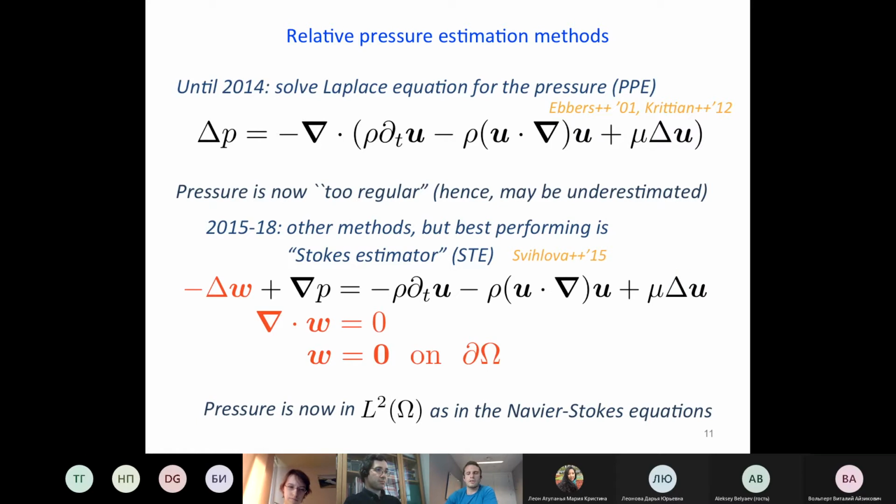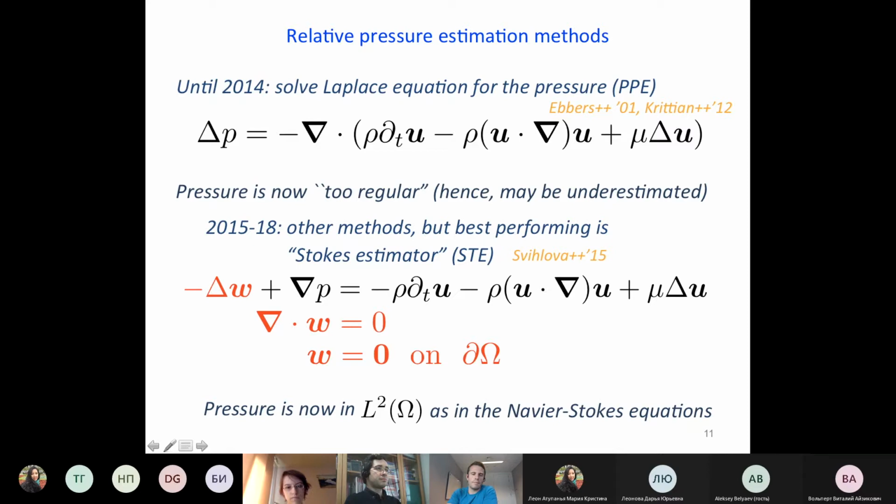But then I want to point to this method that is called the Stokes estimator, which is based on some other paper from the 80s. The people from Prague, from the Charles University, Jaroslav Hron, Josef Málek, and PhD students, just took that idea and applied it to estimate pressure. You take the Navier-Stokes equation in black here as it is, and you just add an additional term which you expect to be small.